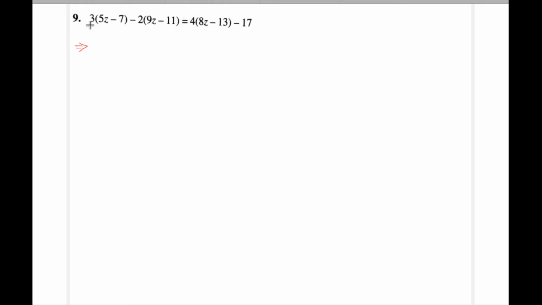Okay. Now 3 multiplied by 5z is 15z, minus 3 multiplied by 7 is 21.